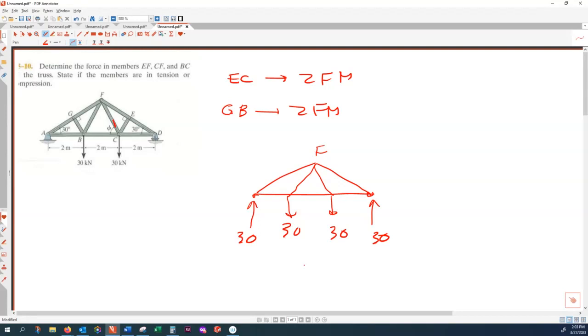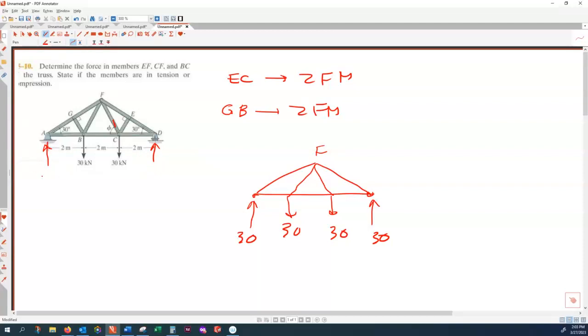I mean, if that's not obvious to you, you still can take rotation with respect to the A and then take rotation with respect to the D. That would give you the same answer. So you can pretend these are not equal. I mean, according to symmetry, they should be equal reactions. And if they are equal, sum of equal things is equal to 60. And therefore, 60 divided by 2, that's 30-30.